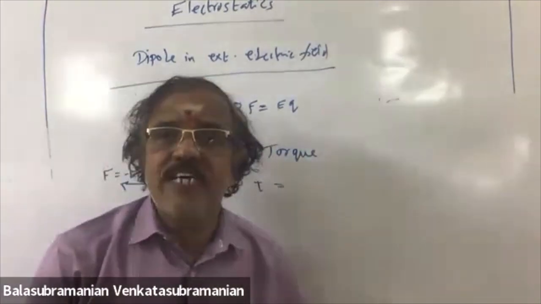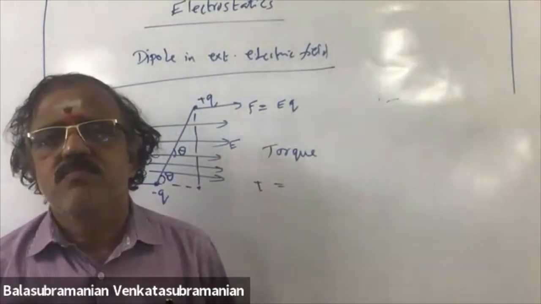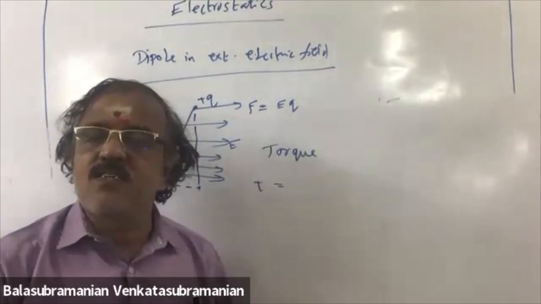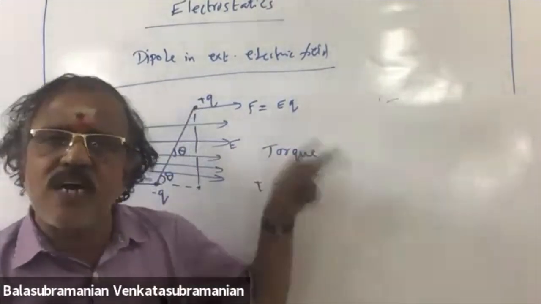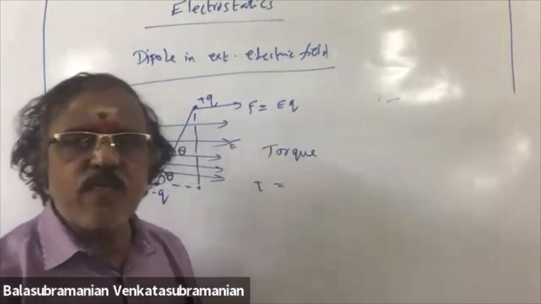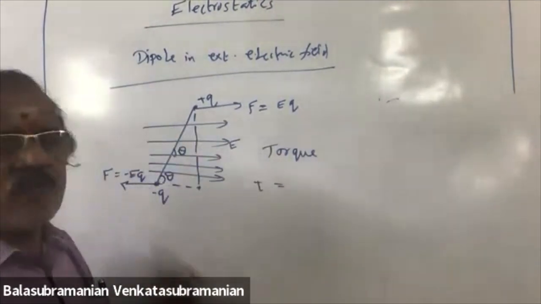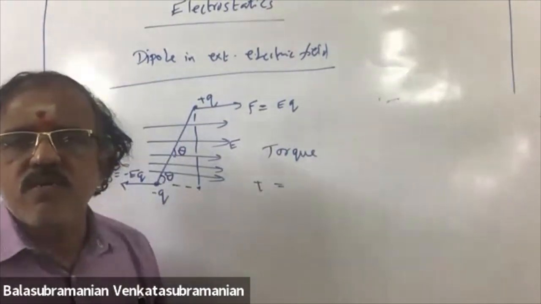You have to explain here how torque is formed. Simply write, torque is equal to force into the perpendicular distance. Torque is force into perpendicular distance, correct. Here you have to explain how torque is formed. When you place a dipole in an external electric field, two equal and opposite forces, but with different lines of action, are formed.